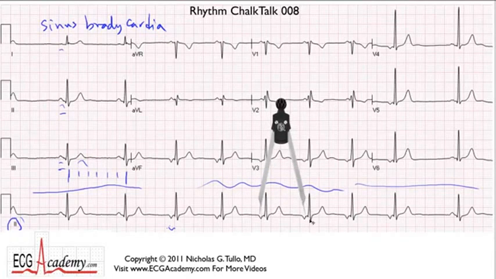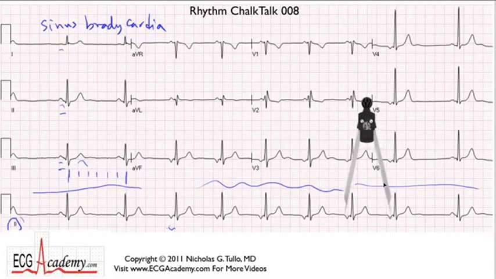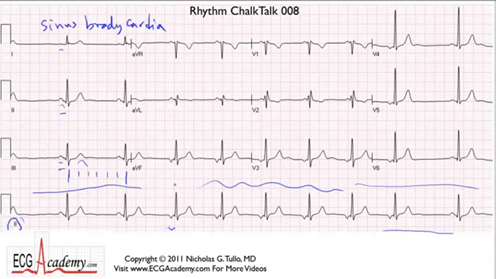And so the rhythm kind of warms up. It goes from 66 to maybe 72 beats per minute. And then after this last beat here, it stops, and then the normal P wave comes in after a bit of a pause. Okay, so let's get rid of our calipers and start talking about the P wave.